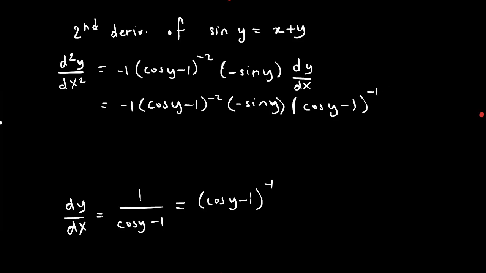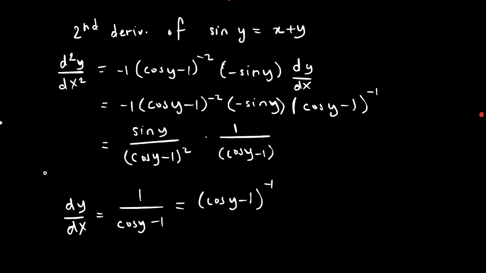So now if we want to go on to simplify this, we can see that we get an answer. This becomes just negative 1 over cosine y minus 1 squared, and this would be on top, so we get sine y over cosine y minus 1 squared multiplied by 1 over cosine y minus 1.